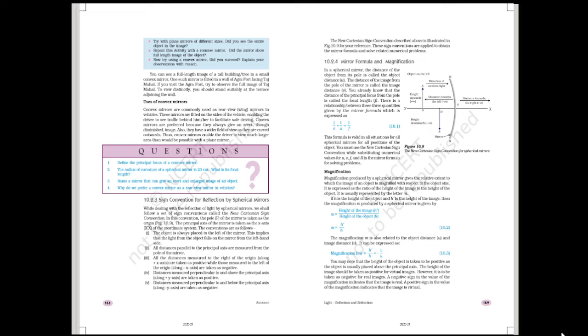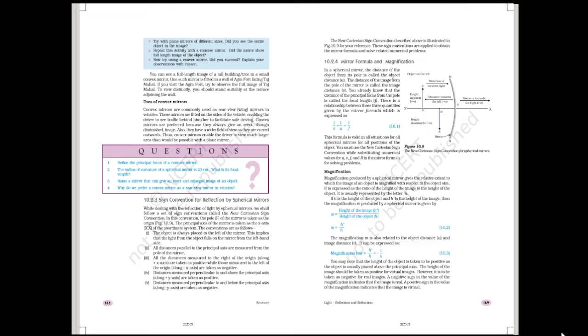Now we have the mirror formula and the magnification. In spherical mirrors, the distance of the object from its pole is called the object distance, and the distance of the image from the pole of the mirror is called the image distance.